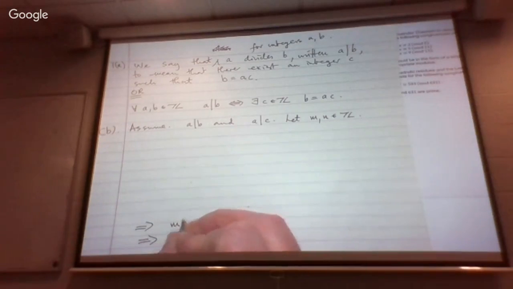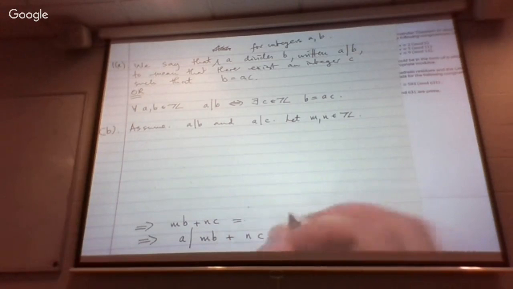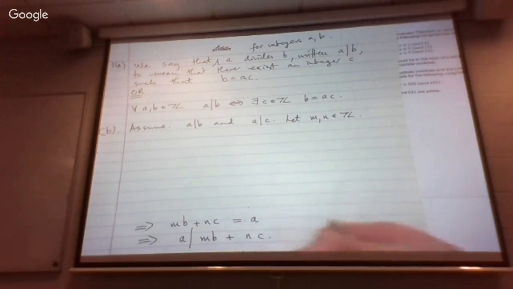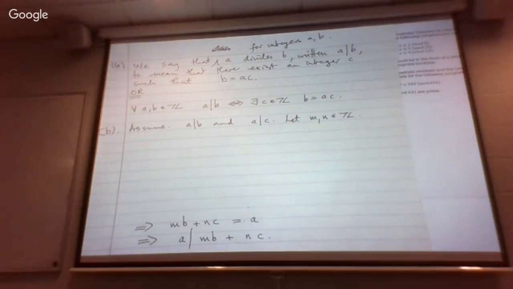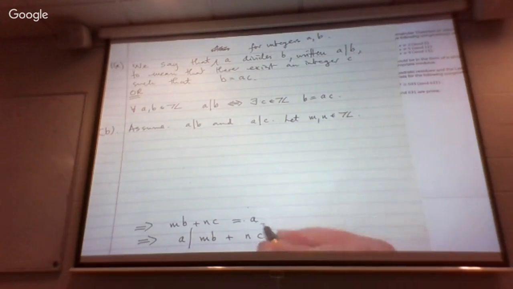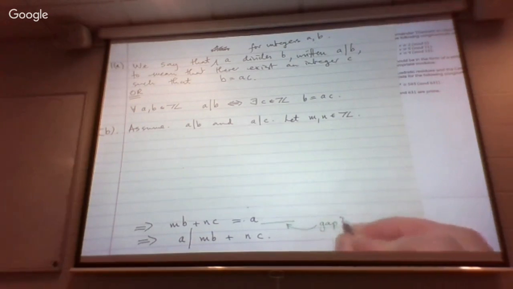Well, the only way you could make this conclusion is if you're able to write MB plus NC equal to A times something. So there's a gap here. Underline it in green. You might not necessarily include that in your written submission. I'm just putting that there for our benefit here.